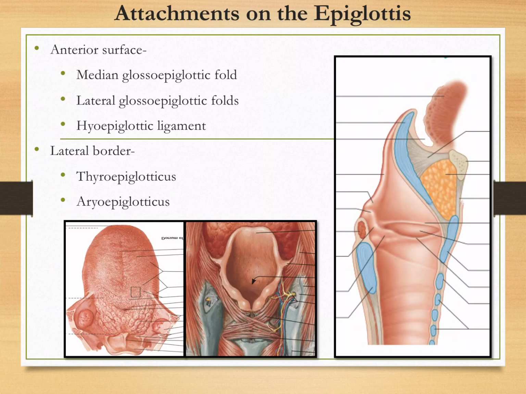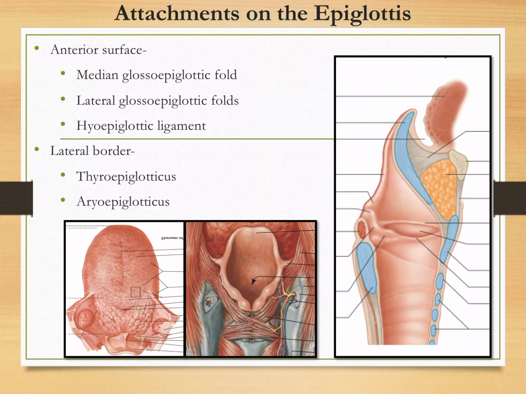And on the right side is the same diagram that was there in the previous slide, and I just want you to take a moment and try to understand if you can label it on your own. If you observe carefully, it's a sagittal section and only the left half remains. You're seeing it from the right side. So there is a mucus fold connecting the lateral aspect of the epiglottis to the apex of the arytenoid.